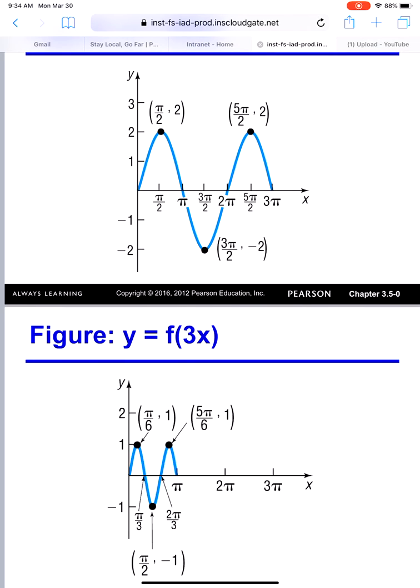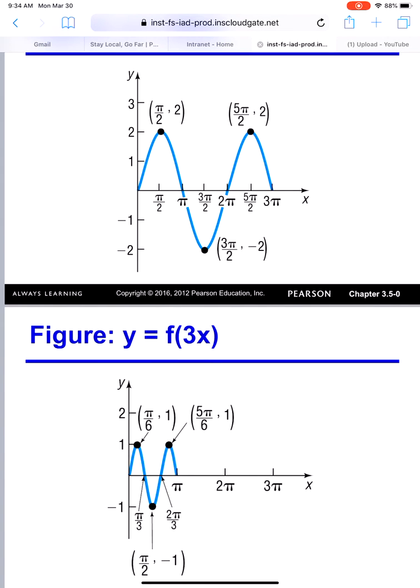And based on the definition, because our coefficient is 3, absolute value of 3 is definitely greater than 1. Since we have a coefficient whose absolute value is greater than 1, we're going to have a compression. So it's opposite of what we see. The graph will compress horizontally.